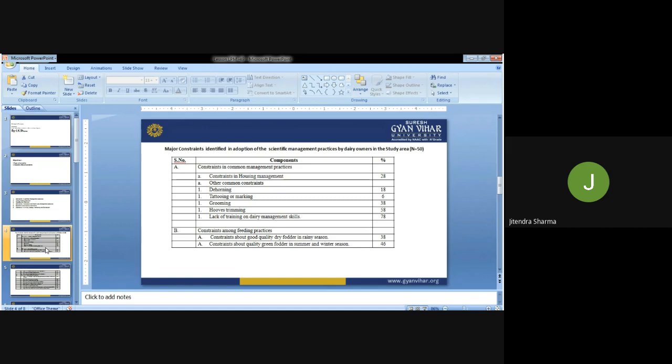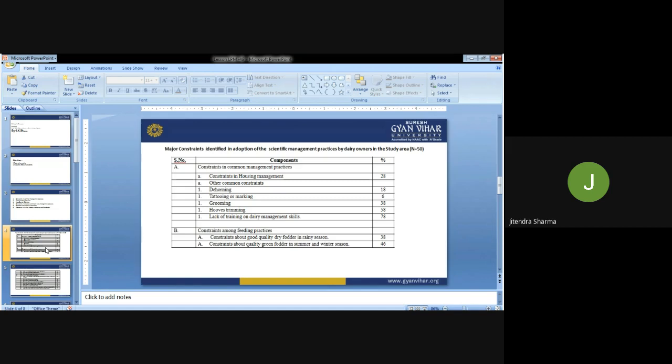Then the other constraint related to common management practices, for example, dehorning. 18% of dairy owners expressed their reservations as far as dehorning is concerned, because they told that if we dehorn our indigenous cattle or indigenous buffalo, then, since the horns are one of the most important features for identifying these buffalo or indigenous cattle, they had a reservation regarding dehorning of their animals.